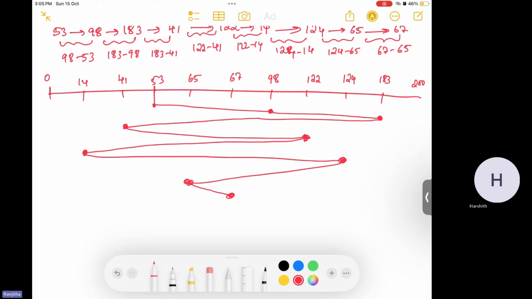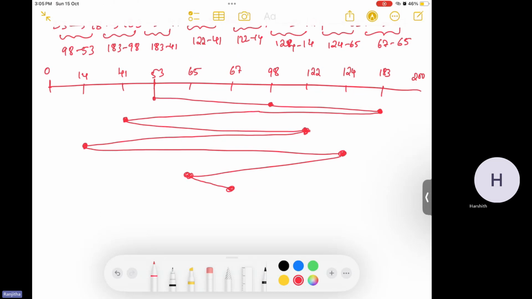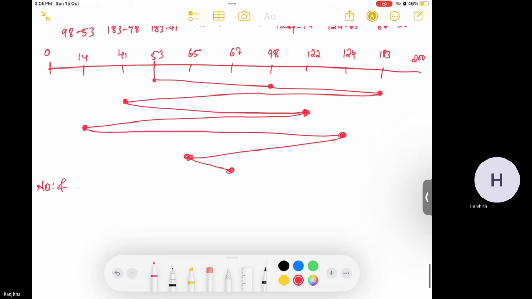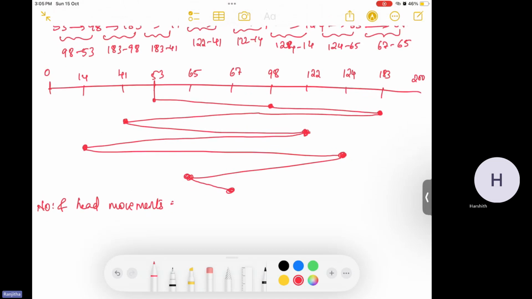So the number of head movements that had to be done is 98 minus 53, which is 45, plus 85, plus 142, plus 81, plus 108, plus 110, plus 59, plus 2, which is 632.